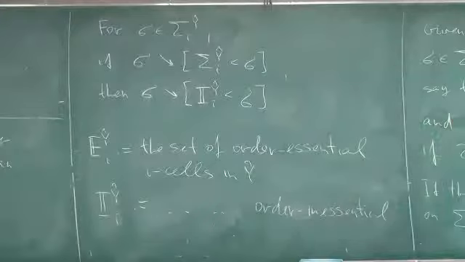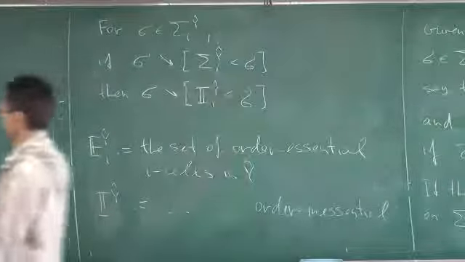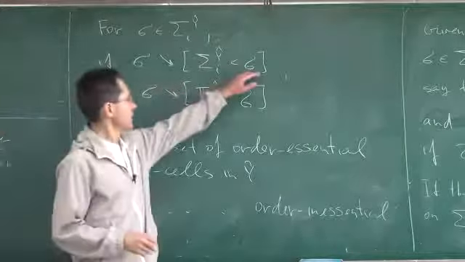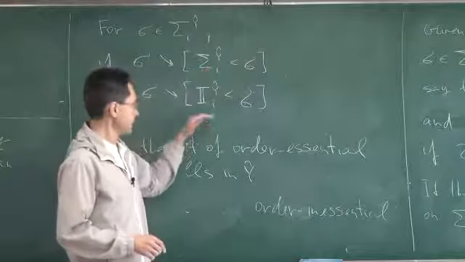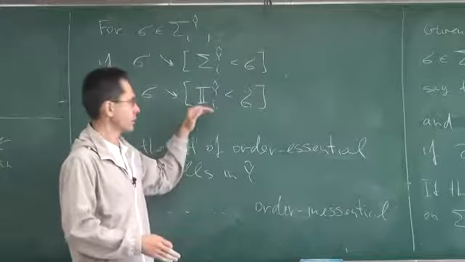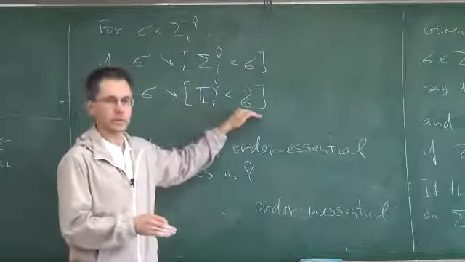So the deep fall property might hold or not, but it's just the definition of that property. It says that if sigma falls into all the cells that are smaller, then it also falls into a smaller set, only those cells that are order inessential and are smaller than sigma.